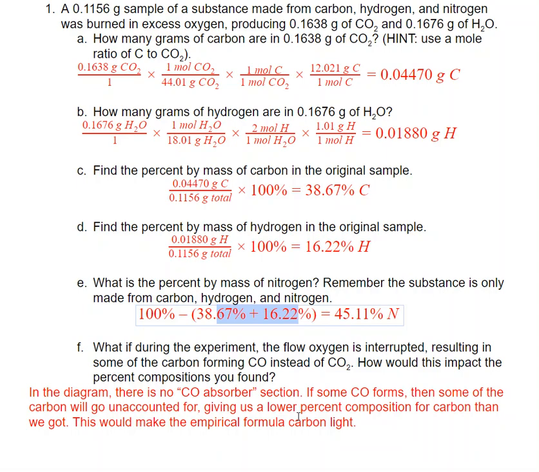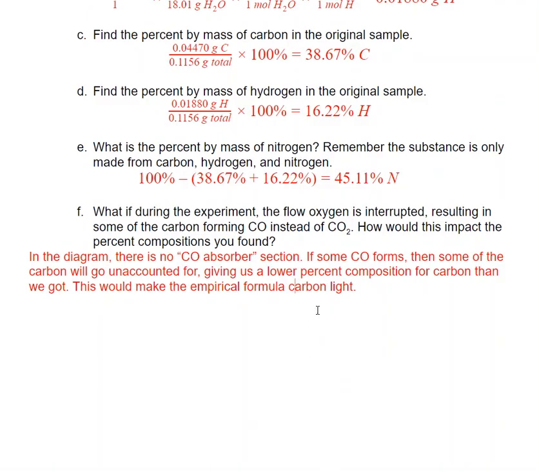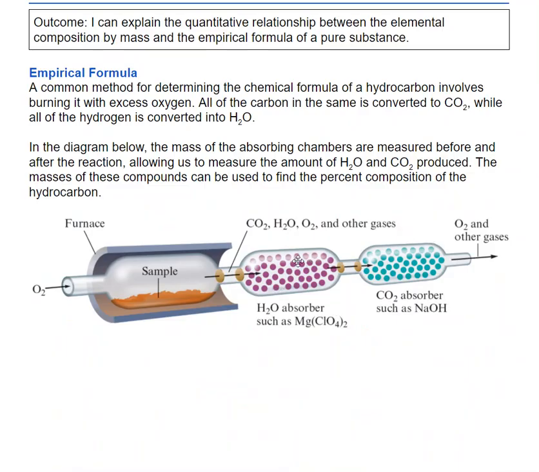So in this next question, it says, what if during the experiment the flow of oxygen is interrupted? So we get an incomplete combustion and we form carbon monoxide instead of carbon dioxide. So how would this impact the percents? So in the diagram, there's nothing to absorb carbon monoxide.